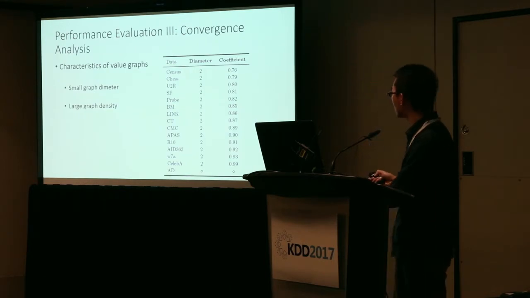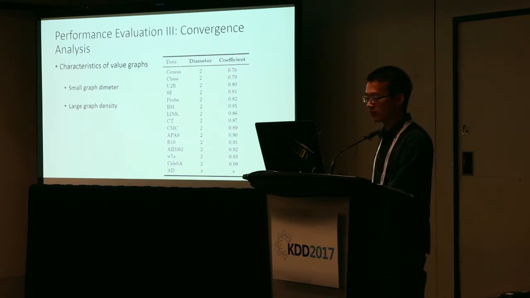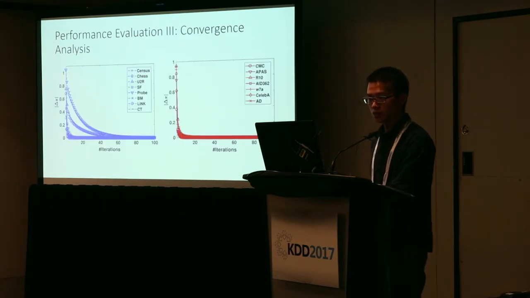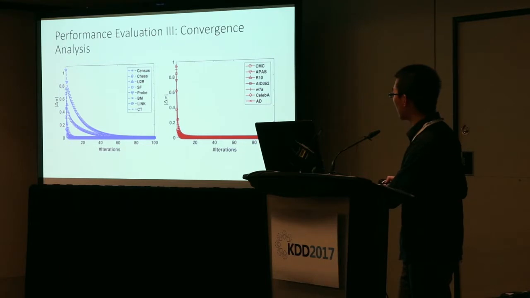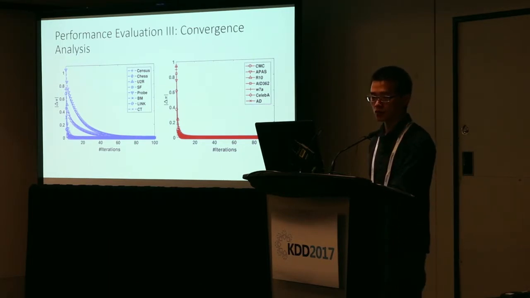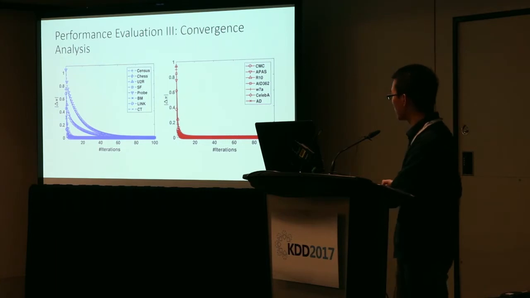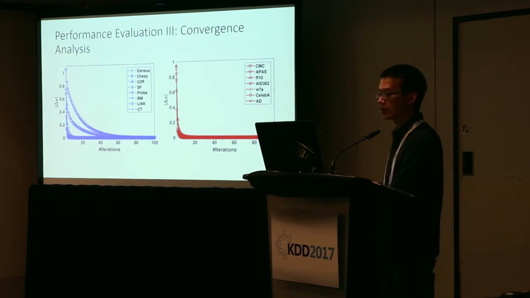This is the graph diameter and clustering coefficient. You can see very small diameters and large clustering coefficients. These two properties guarantee that our methods have a very good convergence rate. All of them converge within 100 iterations, and some converge very quickly, within 20 iterations.